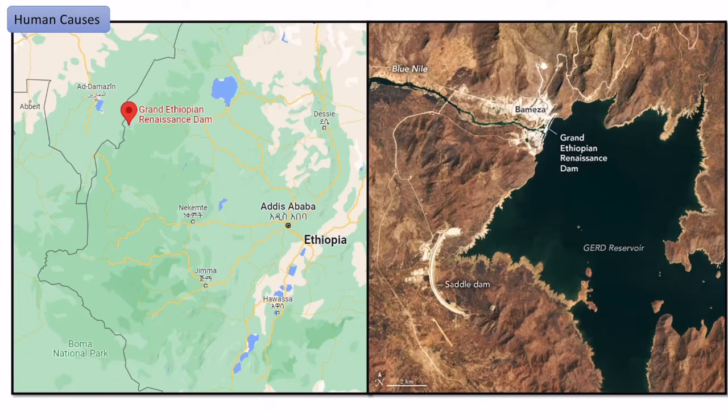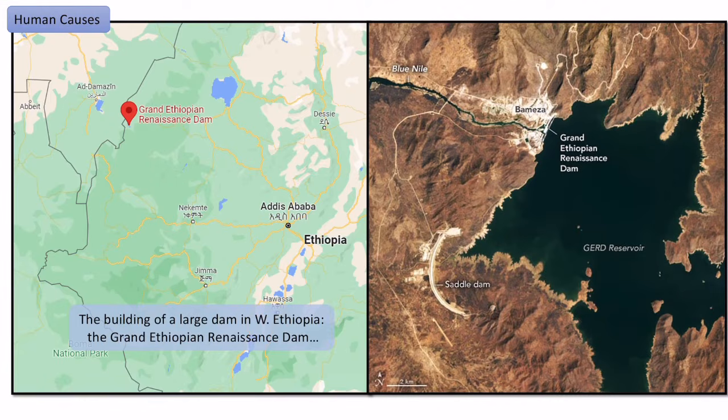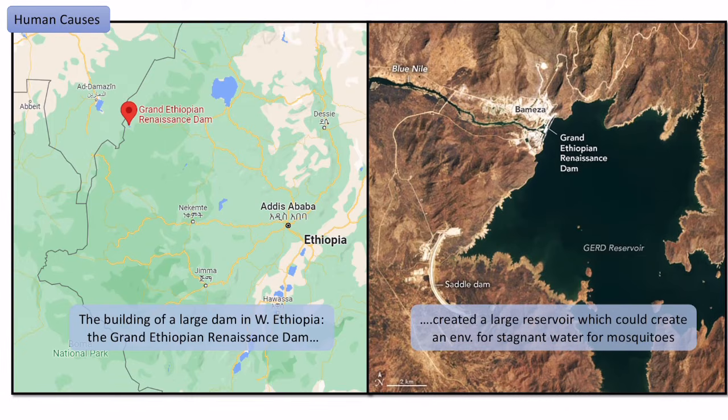western region. Similarly, in the same region, I've highlighted here, they've built a large dam in western Ethiopia called the Grand Ethiopian Renaissance Dam. It's just in that area north of the Gambella region. By creating a large dam, we have a huge reservoir behind it, and this creates an environment for stagnant water and therefore mosquitoes, which can lead to malaria rising in the local area.